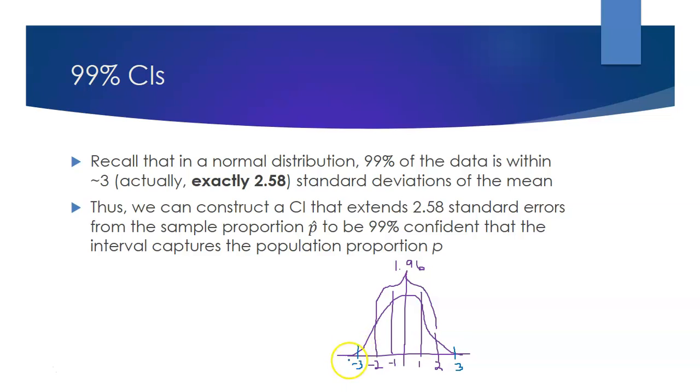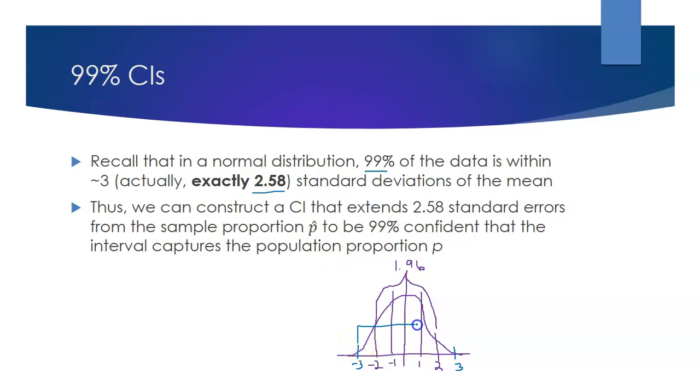So this is the more accurate value. 99% of our data falls exactly 2.58 standard deviations below the mean and 2.58 standard deviations above the mean.